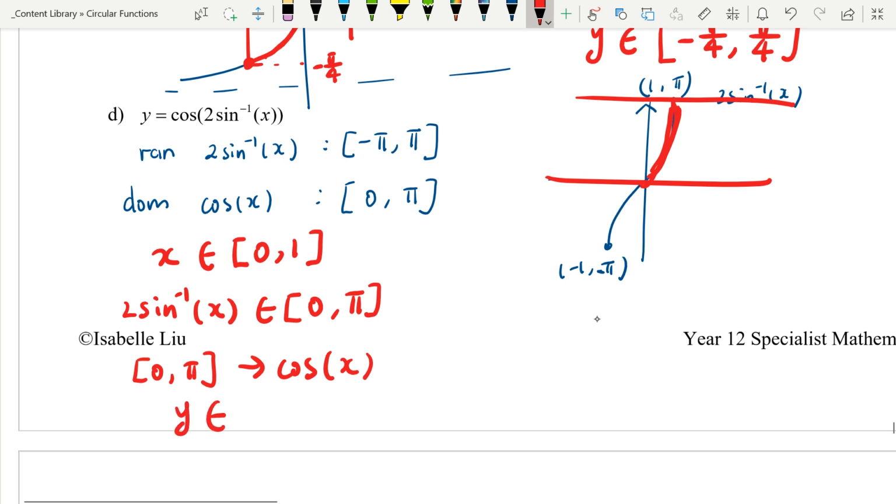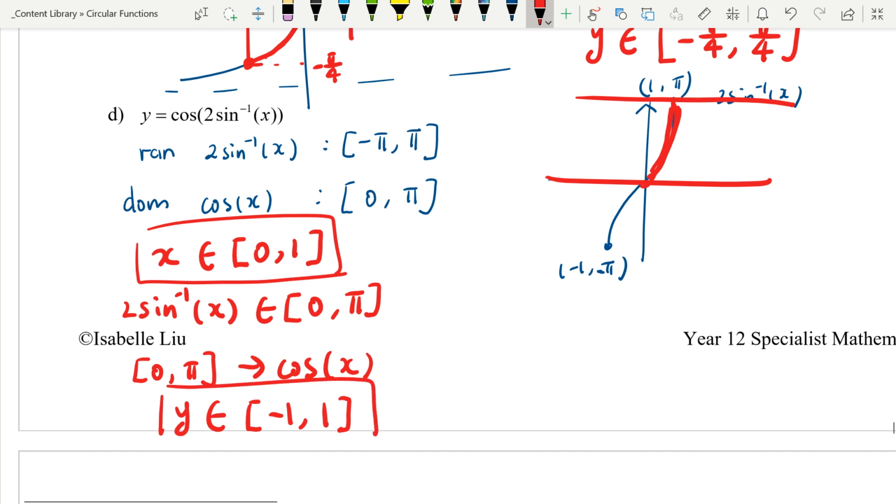So what y value can I get if I put 0 to pi into cosine x? -1 to 1, right? 0 to pi for cosine x is -1 to 1. Okay, so the domain is 0 to 1 and the range is -1 to 1.